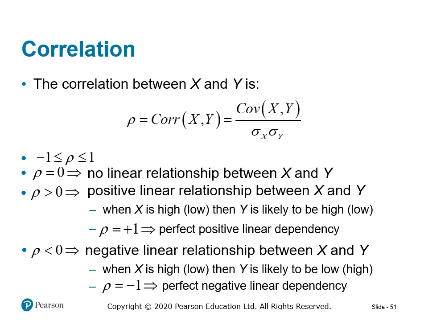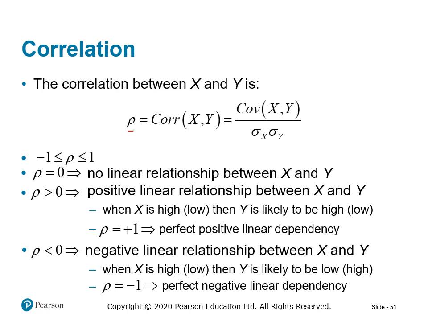Once I have the covariance, I can figure out the correlation between x and y. Correlation is just the relationship between two variables. The correlation of x and y, we're going to call it rho, the Greek letter rho, is the covariance of x and y over the standard deviation of x times the standard deviation of y. My correlation is always going to be between -1 and 1. If rho equals 0, there's no relationship between x and y, or at least no linear relationship.